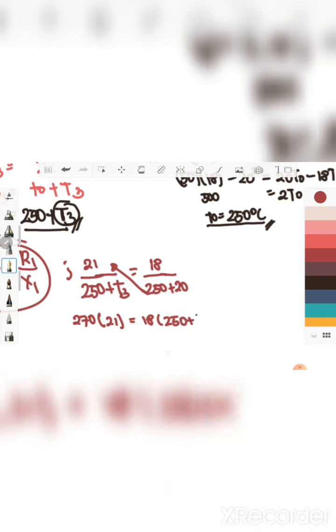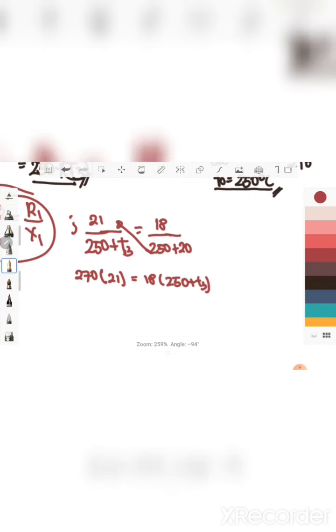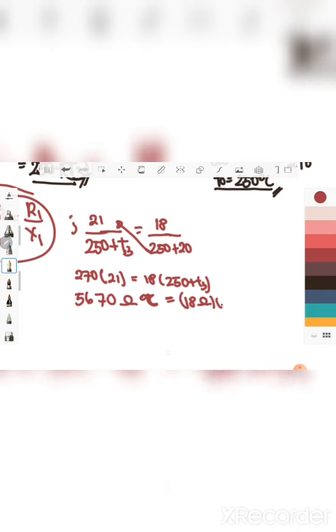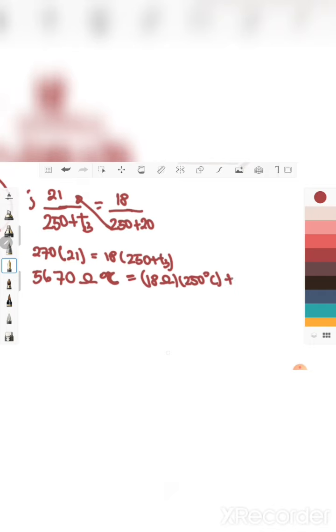Okay, so we have 270 times 21, it is equal to 5670, plus anong unit, sir? Okay, yung unit niya is ohm multiplied by degree Celsius. Yan, diba? Is equal to 18 multiplied by, so 18 ohm multiplied by 250 degrees Celsius. Okay, plus our T3 plus 18 ohm multiplied by T3, right?